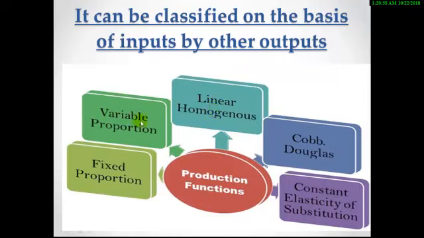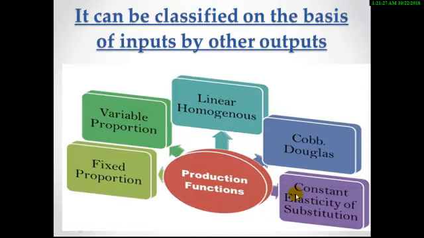Linear homogeneous, variable proportion, fixed proportion, Cobb-Douglas, constant elasticity of substitution. Cobb-Douglas says that the factors of production can be substituted for one another. Fixed proportion implies fixed factors of production such as land, labor, etc. Linear homogeneous implies the proportionate change in all the factors of production.